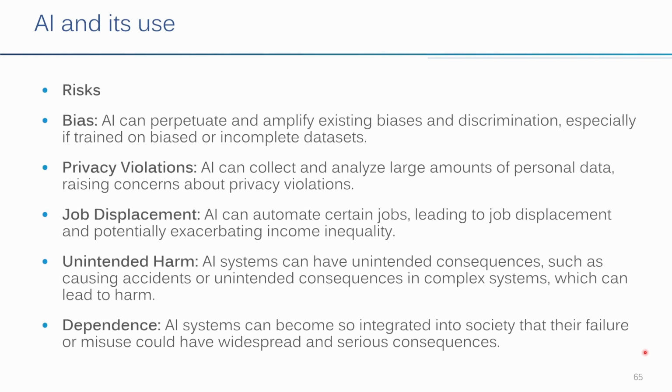In any case, AI applications, as with any sort of technology, can automate certain jobs, leading to job displacement and potentially making things more unequal than before. Those who are educated and practitioners using those AI tools will thrive, while people that do not have such knowledge might be open to some sort of problem. Then there's unintended harm, as AI systems can have unintended consequences, such as causing accidents in complex systems, which can lead to harm.